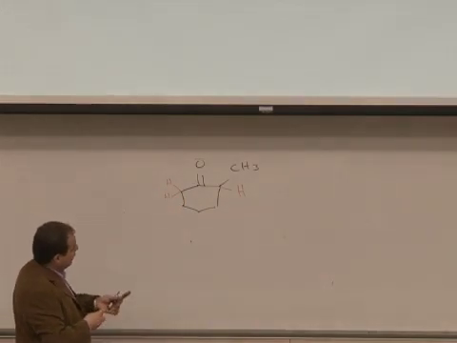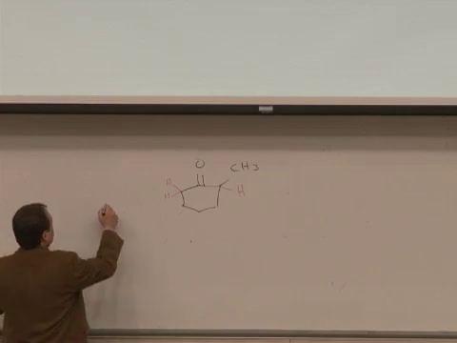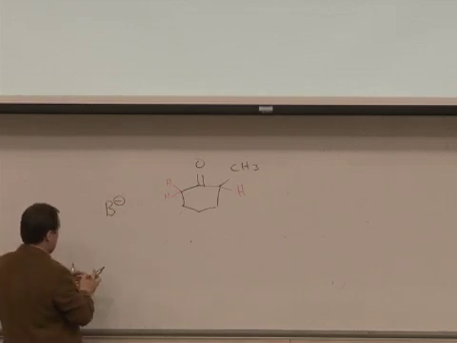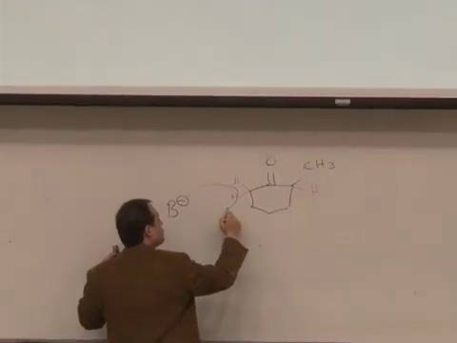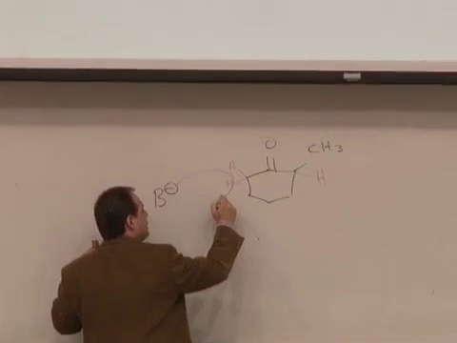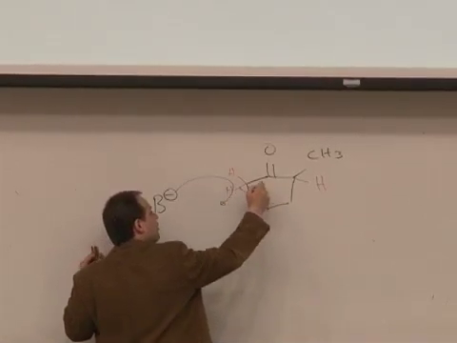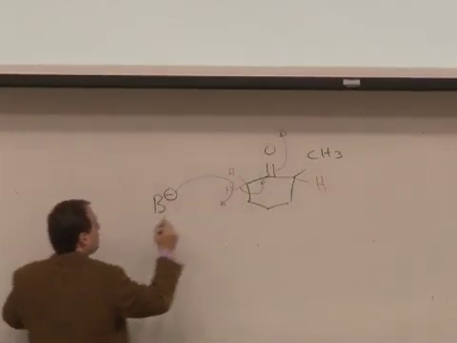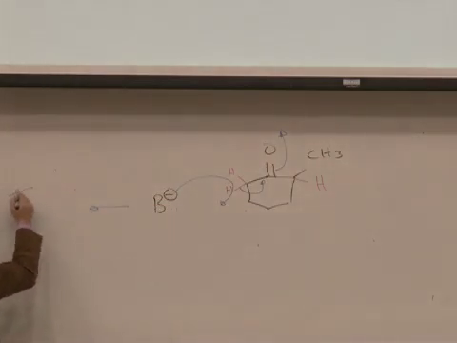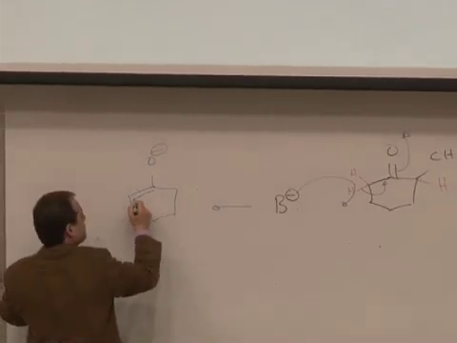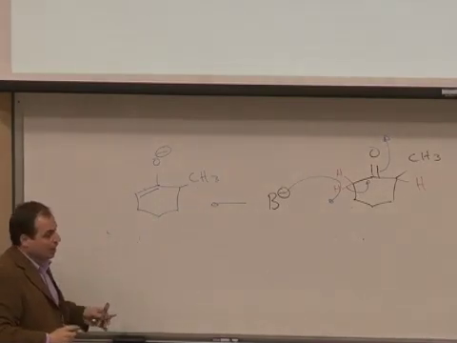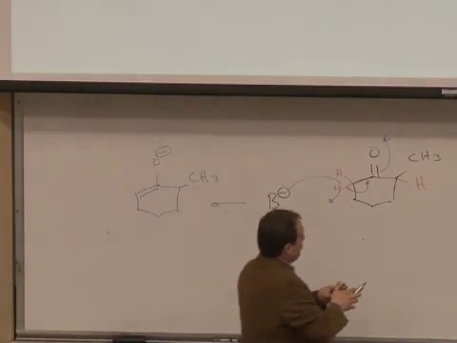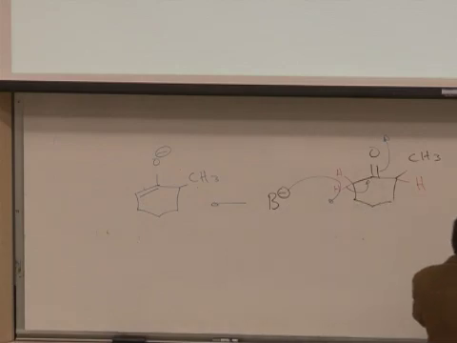Now, if I have a base that is taking this alpha hydrogen, you will be forming this enolate, O minus double bond CH3. However, let me draw it again.